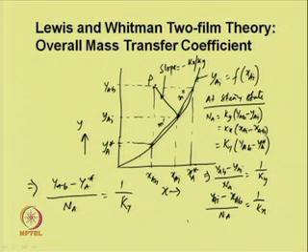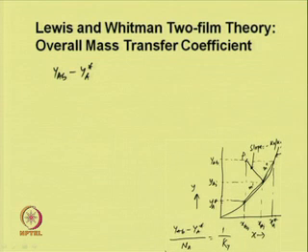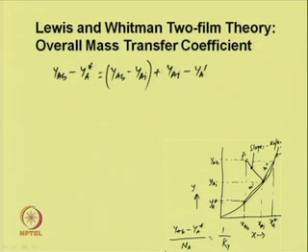Now, from this figure we can write y A B minus y A star as the sum of y A B minus y A I plus y A I minus y A star.